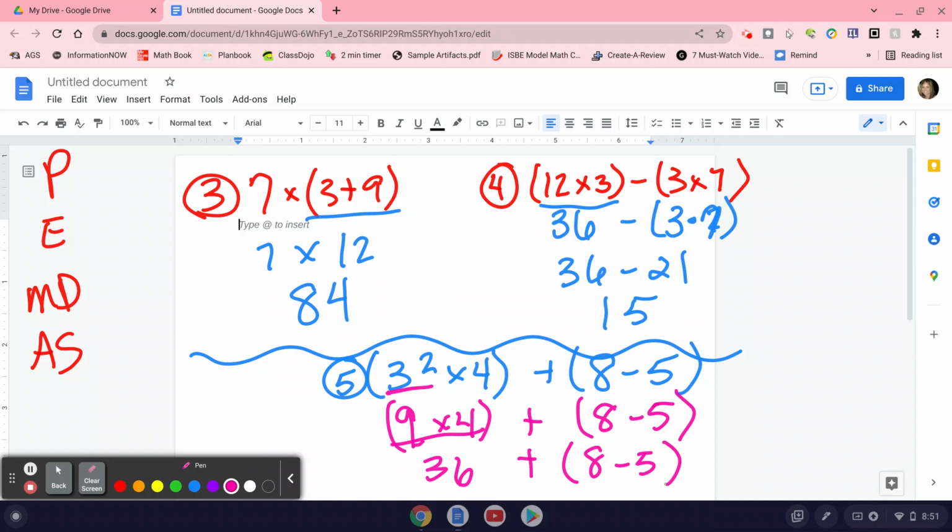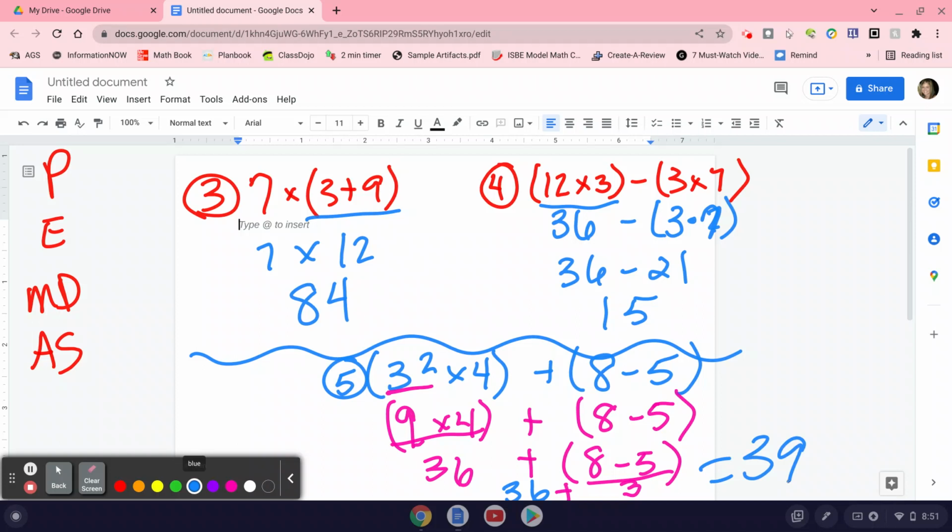You do 8 minus 5, which is 3. Okay, 8 minus 5 is 3. I'm going to squeeze it in here. So I have 36 plus 3, Kendall? 39. Instead of scrolling down, I'm going to write it over here. I want you guys to have the nice, neat, upside-down triangle. It's hard for me to scroll. Is that a 3? Where's the rest of the 3? There it is.